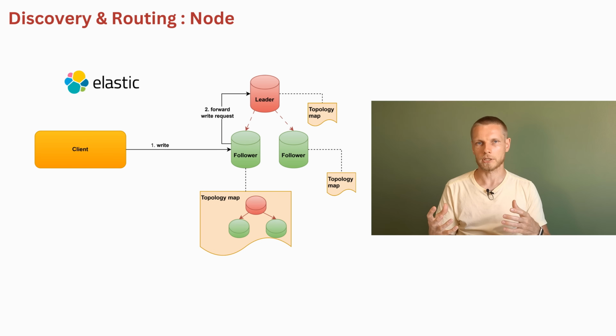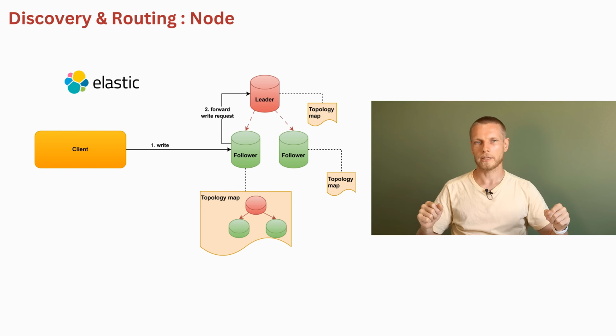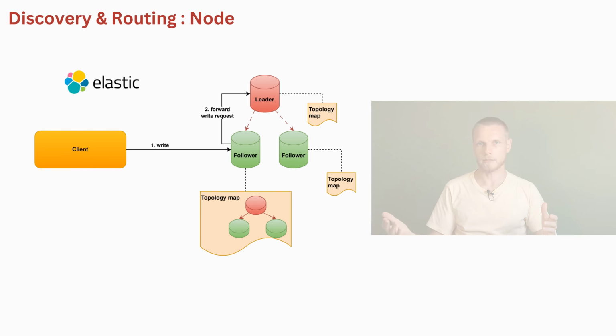So it will be similar to the router component. But of course it will not have extra cost associated with it, but the hop still remains. Also, it introduces a lot of inter-node traffic, which could make debugging very hard.